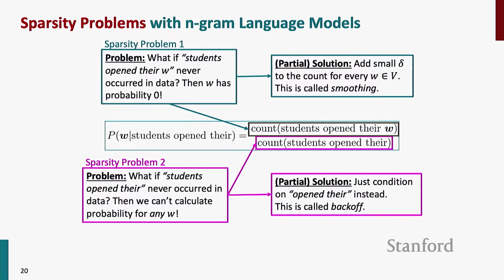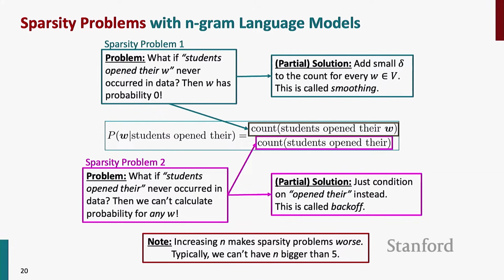If you couldn't estimate words coming after students open there, you just worked out the estimates for words coming after open there. And if you couldn't estimate that, you just used the estimate of words coming after there. So you used less and less context until you could get an estimate that you could use.